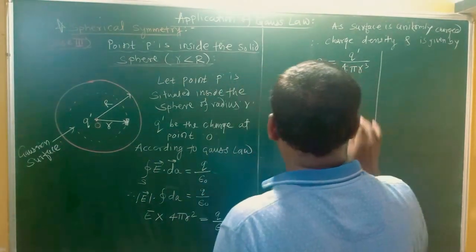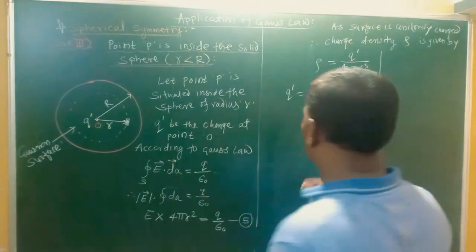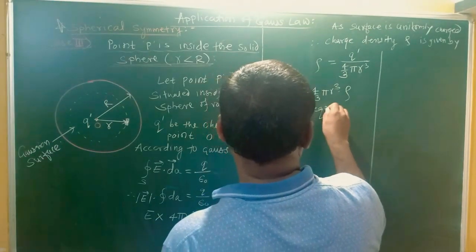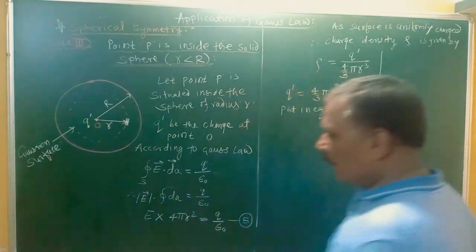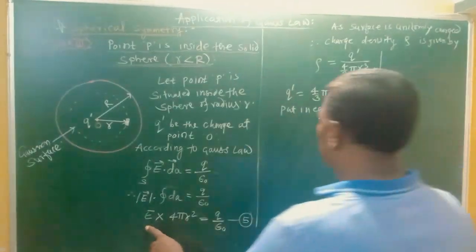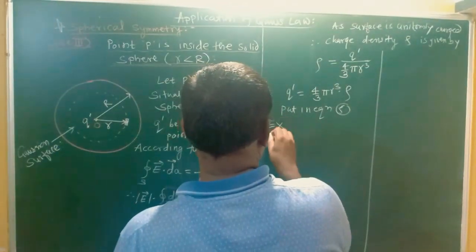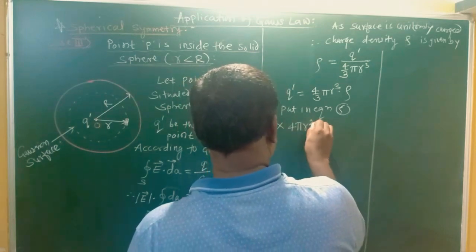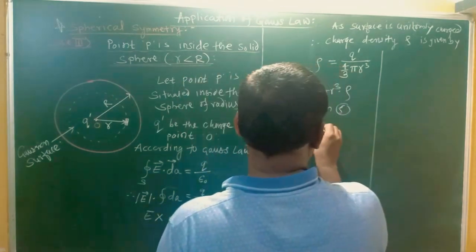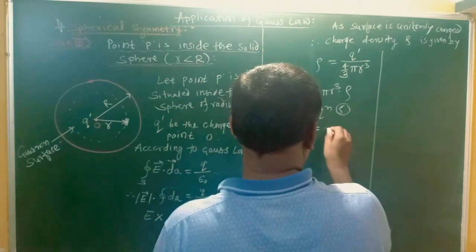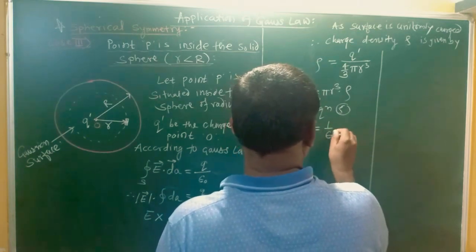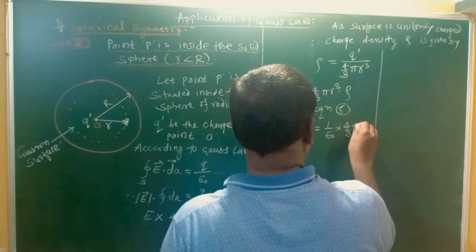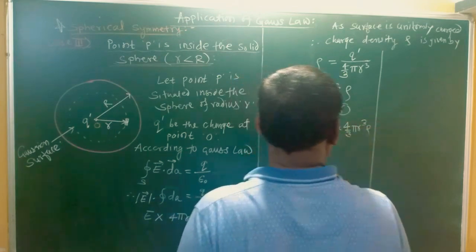Put this value in equation number 5. E into 4 pi r square is equal to 1 upon epsilon 0 into 4 by 3 pi r cube into rho.